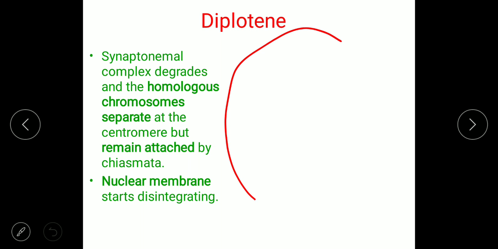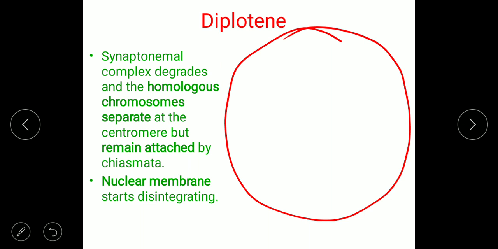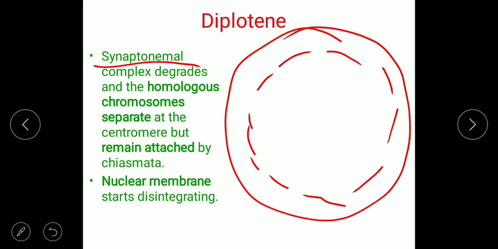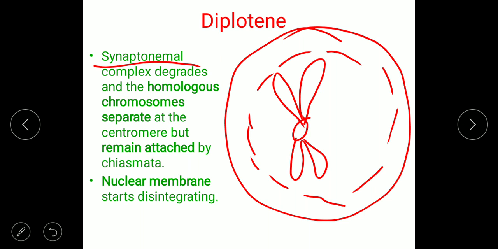Now the next phase is Diplotene. In Diplotene phase, the nuclear membrane starts disintegrating, and secondly, the synaptonemal complex degrades, and the homologous chromosomes become separated, but they remain attached at the place of chiasmata.